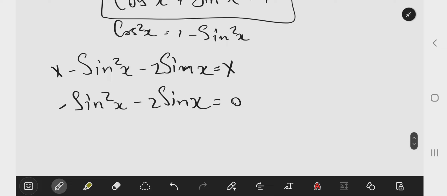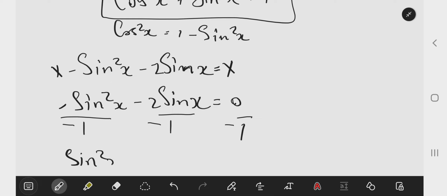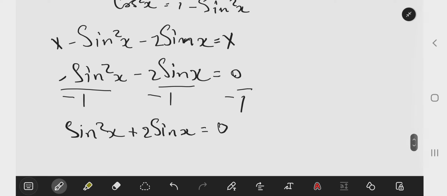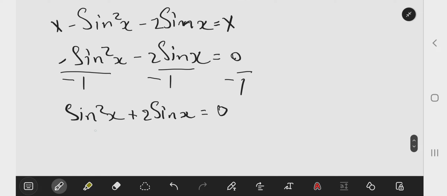And yabona la ukuthi sekune common factor manje, right? Now divide both sides by negative 1, izothi sin squared x plus 2 sin x equals to 0, right? La already sekune common factor which is sin x, right?